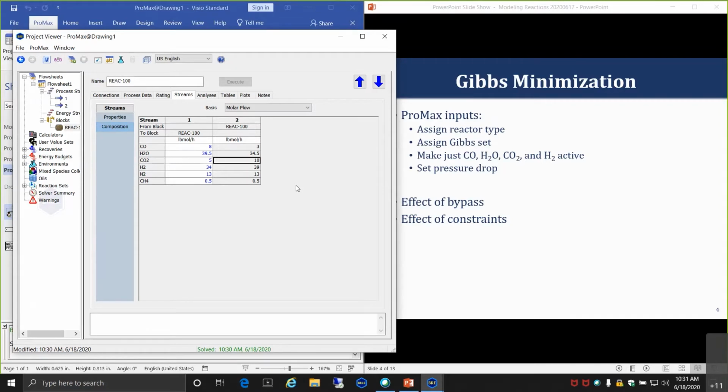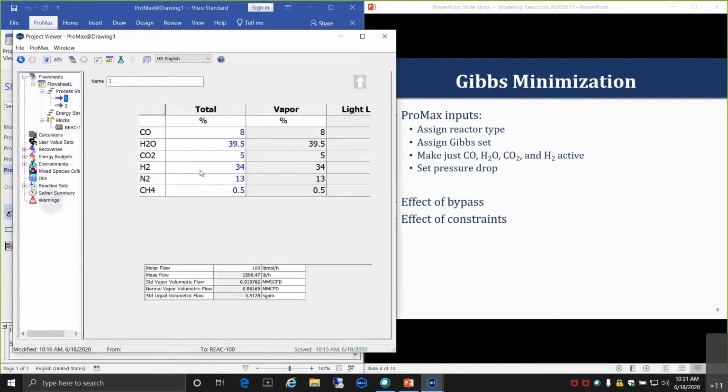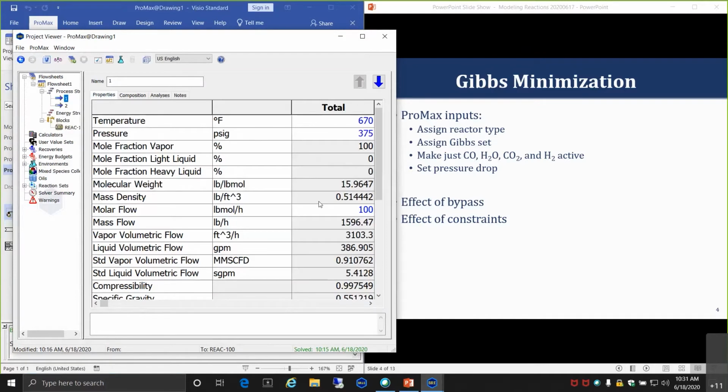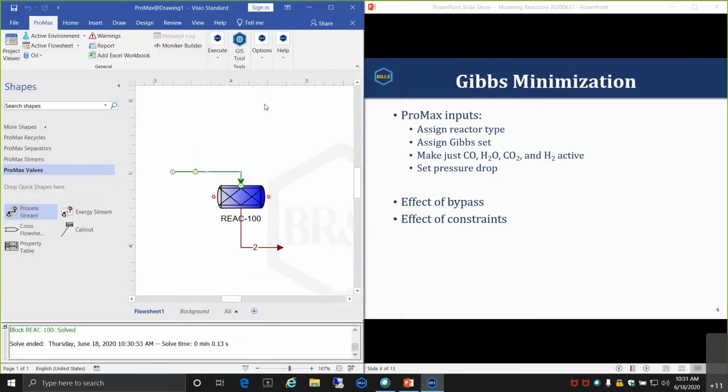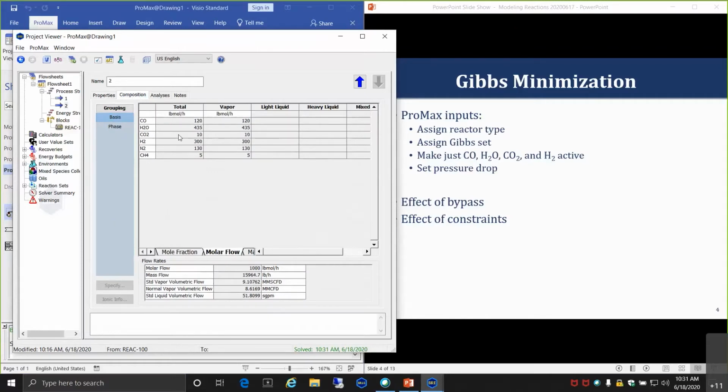Now, the one thing you need to pay attention to with this is that it can become very tricky because that 10 pound moles is going to remain constant no matter what. So if I come over here and change my inlet flow rate by a factor of 10 and rerun this, I am still going to have exactly 10 pound moles of CO2 coming out, even though the amount at equilibrium would be very different from that.